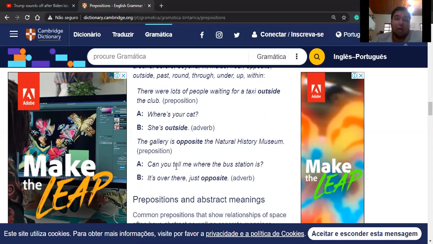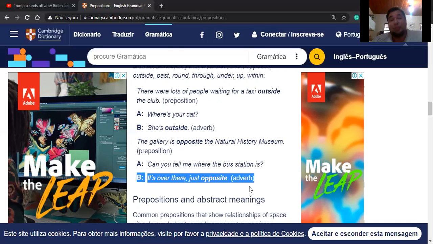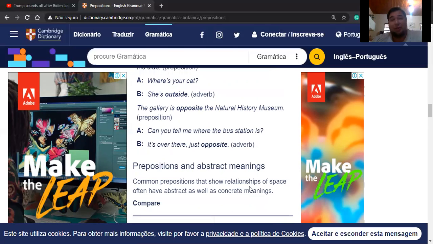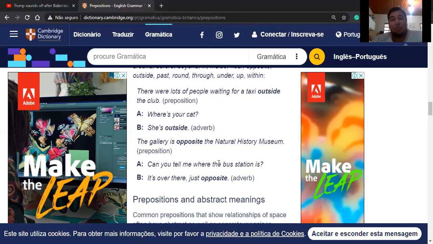Preposition. Opposite. Can you tell me where the bus station is? It's over there, just opposite. Opposite here is an adverb. See the difference? Você entende a diferença do opposite, como está funcionando, and outside, como preposição e como advérbio.